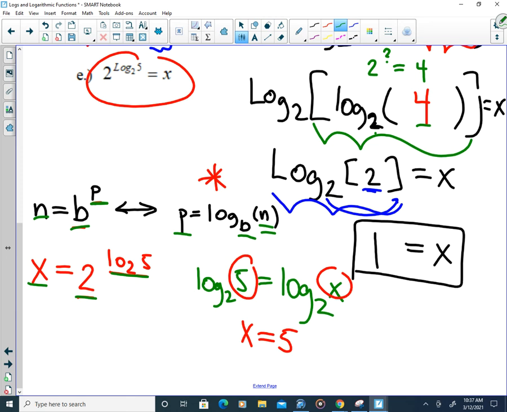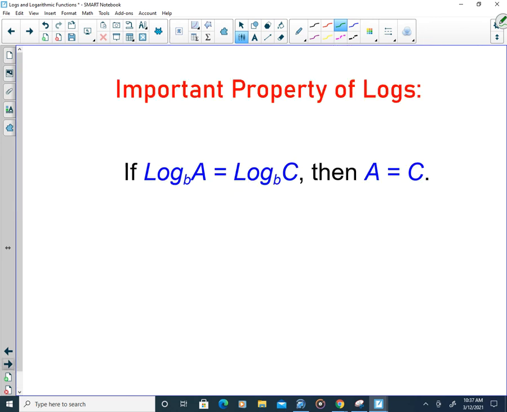Okay? That's actually the next property that we're going to look at. This property here is very important. It says if you have a logarithm equation, log base b of a is equal to log base b of c, so you have 2 logarithms equal to each other and they have the same base, then you can think of the logs as canceling each other out, and you just get a equals c.